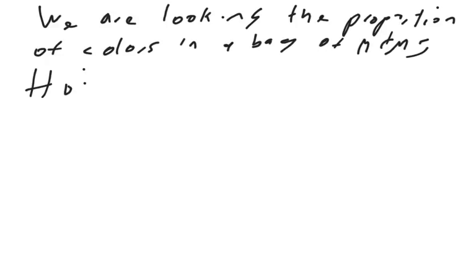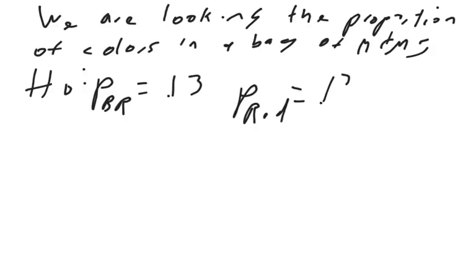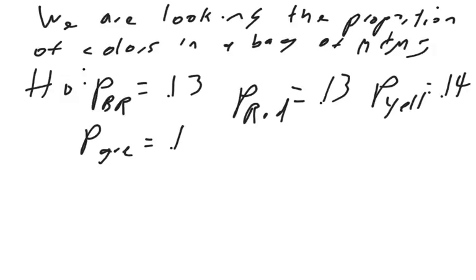So my initial hypothesis is probability of brown equals 0.13, probability of red equals 0.13, probability of yellow equals 0.14, the probability of green equals 0.16, the probability of orange equals 0.2, and the probability of blue equals 0.24.